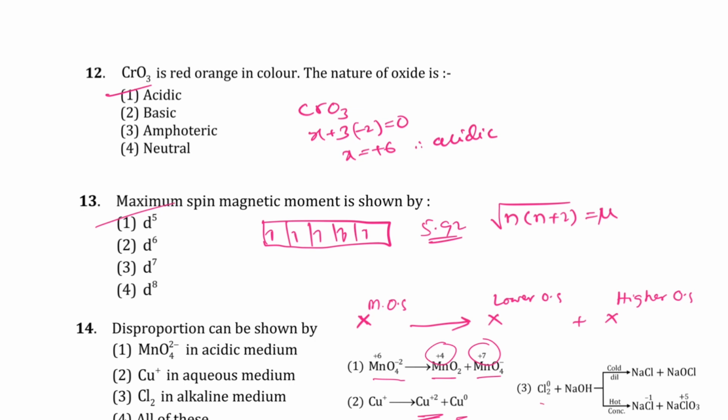Next, chlorine: 0 oxidation state goes to minus 1 oxidation state here, and plus 1 oxidation state here. And if you take this one, here minus 1 and here plus 5. So we know that it shows the lower as well as the higher oxidation state. Observe here minus 1 and plus 5. Therefore, which is the correct answer? All of these are correct.